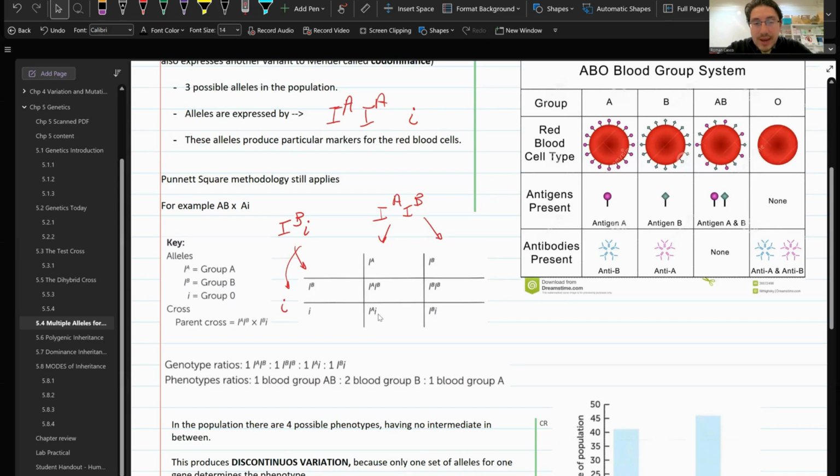If you were to have an I, you would be A blood type because A just shows that you have the presence of an A antigen. So, in other words, you basically are AO, but since any presence of an antigen, you take that blood type. So in this case, it would be A, or in this case, it would be B. So how does it come out in this case?